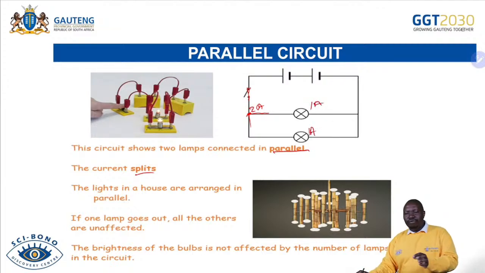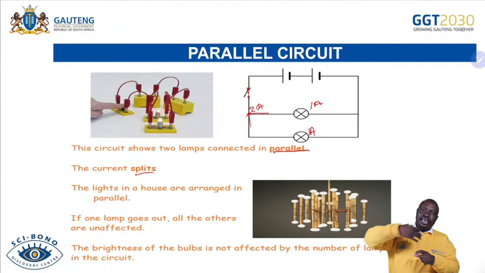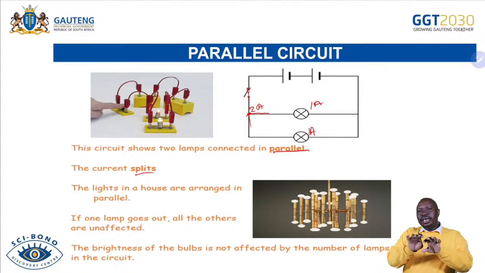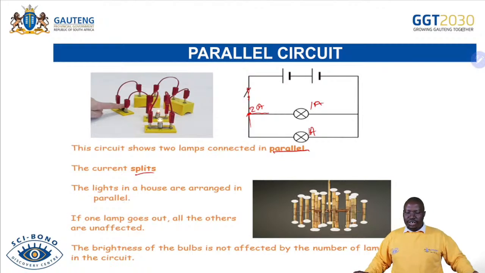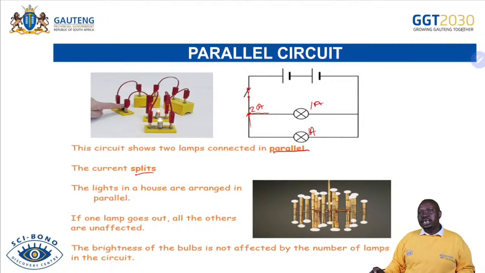So it's very important for you to understand that when resistors, or the light bulbs in this case, are connected in parallel, they will divide the current. But when they are connected in series, the current will remain the same. Here you can see that the 2 amperes is going to be divided into 1 ampere each. Don't forget, when they reach this point again, the 2 will combine, and we will still have 2 amperes of current flowing across here.